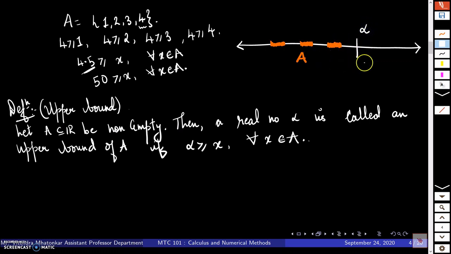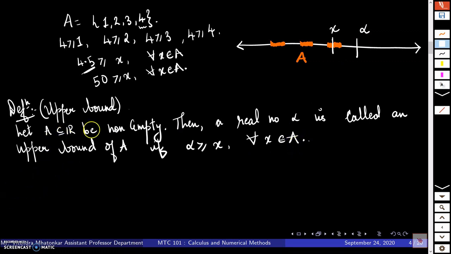Geometrically, this is the picture. If I pick any point x in A, then the number alpha is bigger than or equal to x. Such a number alpha is said to be an upper bound of the set A.